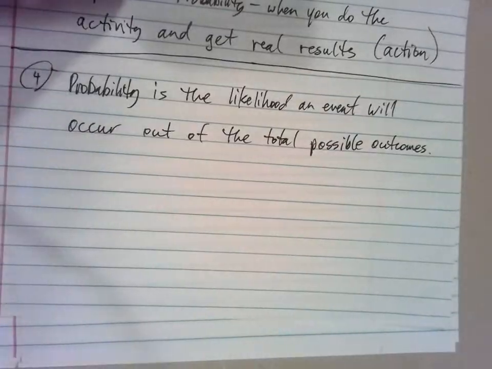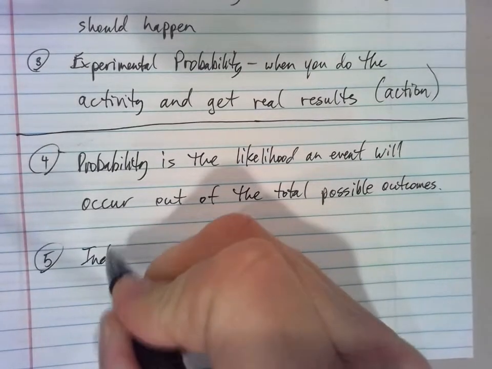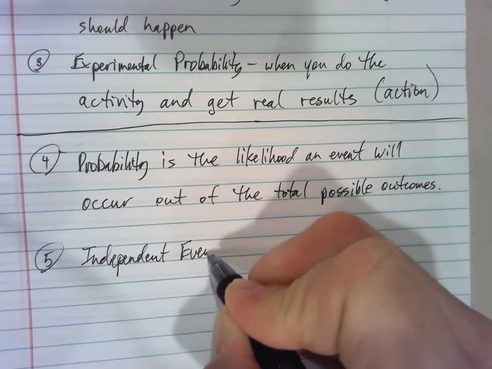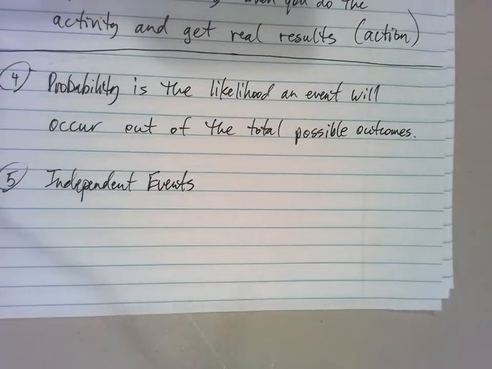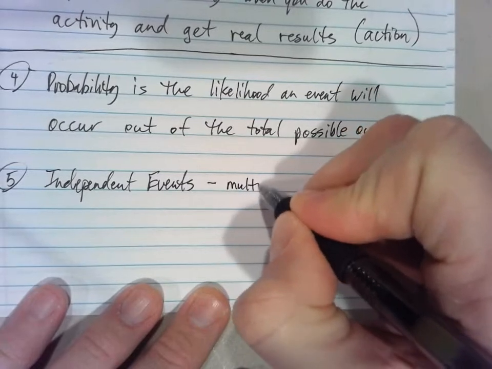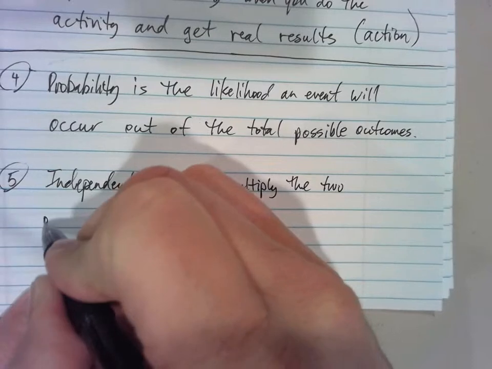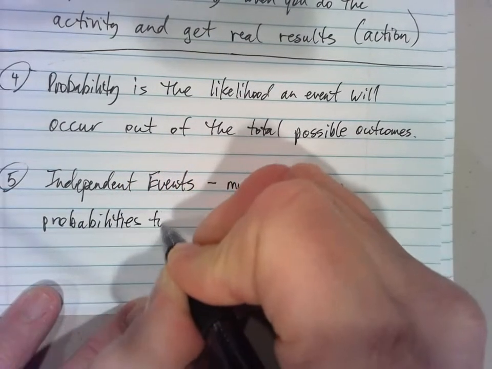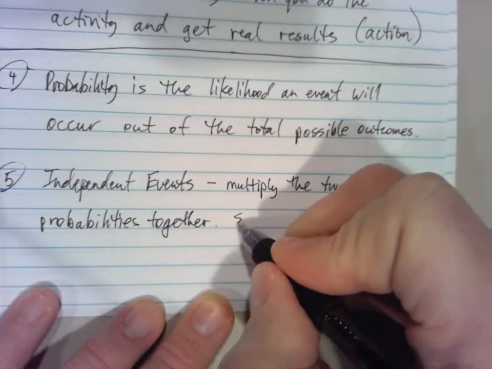When you have independent events, you're going to have one probability from one item and another probability from the other, because they happen separately, but you have to multiply those two probabilities together. And don't forget to simplify if possible.